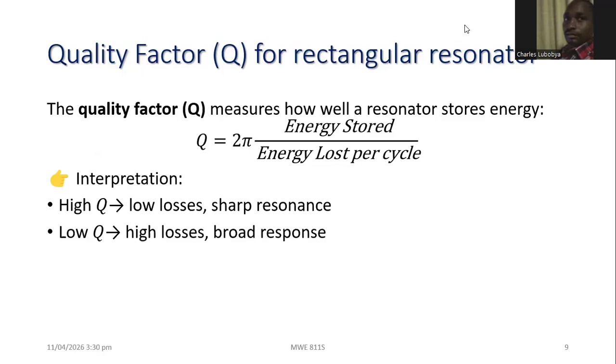So if you are given the resonant frequency FR, like we calculated in the previous example, 6 point something, let's say 6.4, divided by whatever bandwidth you're given, that gives you the quality factor Q. So Q is nothing but the ratio of resonant frequency to the bandwidth.